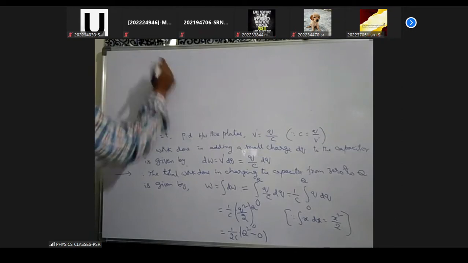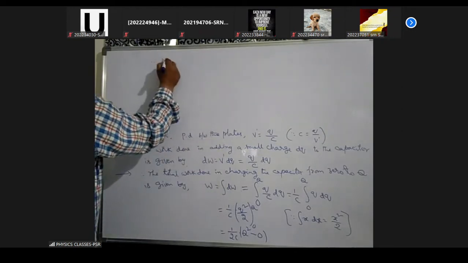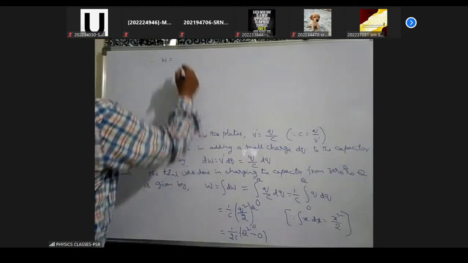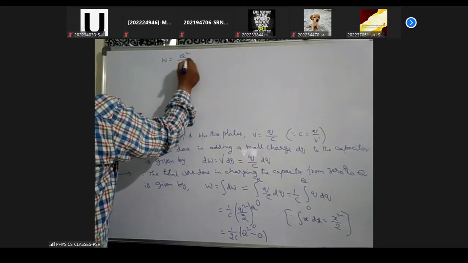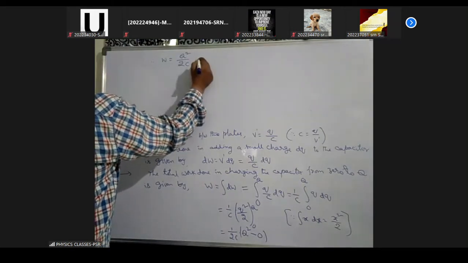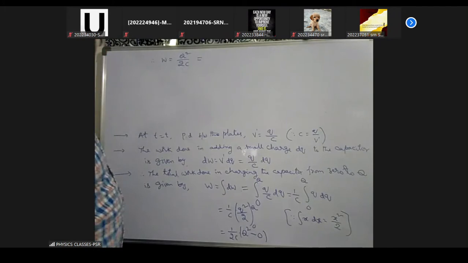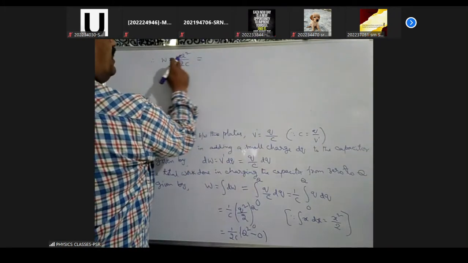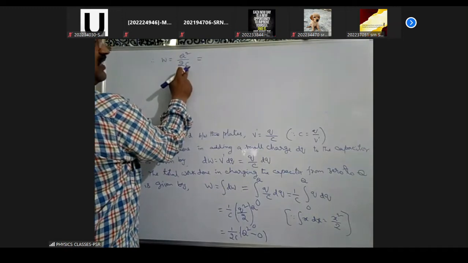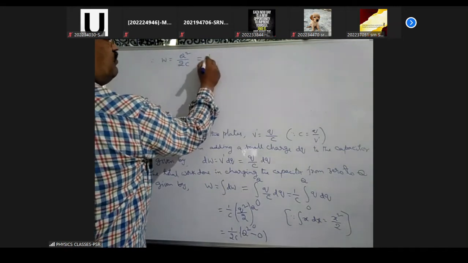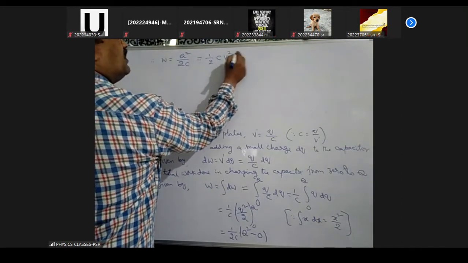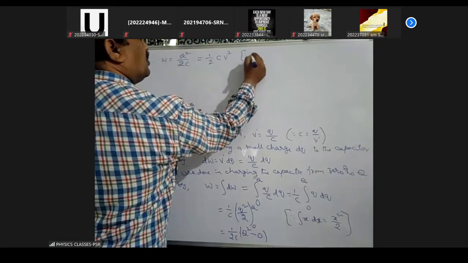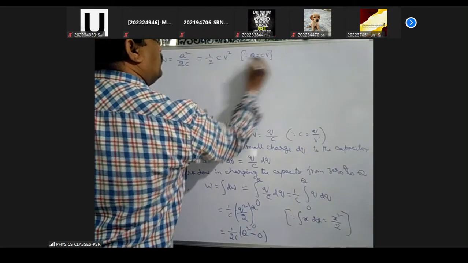Therefore, continuing further, W is equal to Q square by 2C. But here we know that Q is equal to CV in the final stage. That's why C square V square by C. Once C gets cancelled, we can write half CV square, since Q is equal to CV.